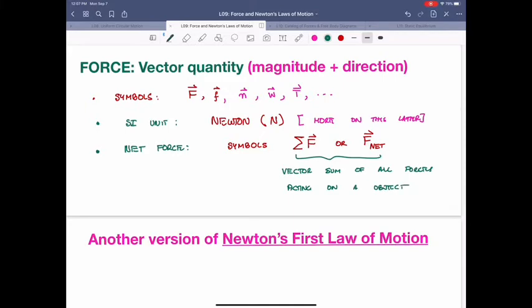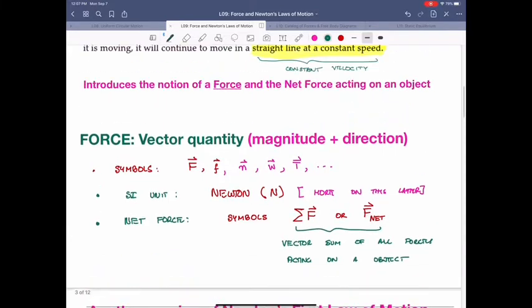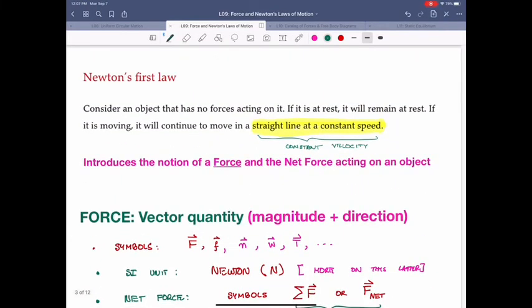Okay. Now coming back to Newton's first law, which says that an object either stays at rest or moves at a constant velocity if there are no forces acting on it.